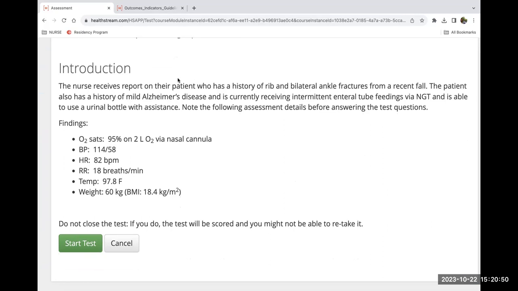The patient also has a history of mild Alzheimer's disease and is currently receiving intermittent enteral tube feedings via NGT, which means her bed should be greater than 30 degrees, and is able to use a urinal bottle with assistance. Note the following assessment details before answering test questions. Findings: O2 sat 95% on 2 liters oxygen via nasal cannula, blood pressure 114 over 58, pulse 82, respirations 18, temperature 97.8.